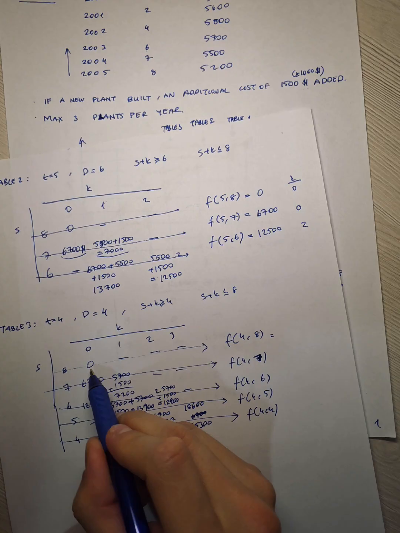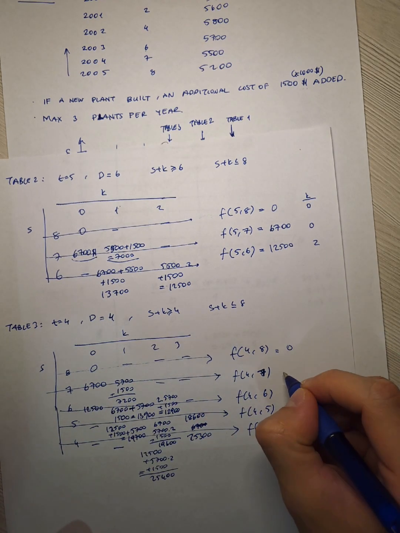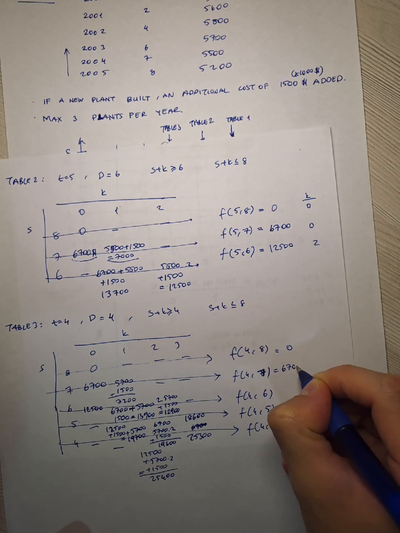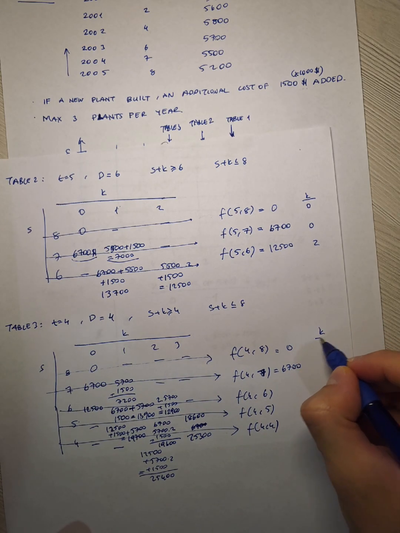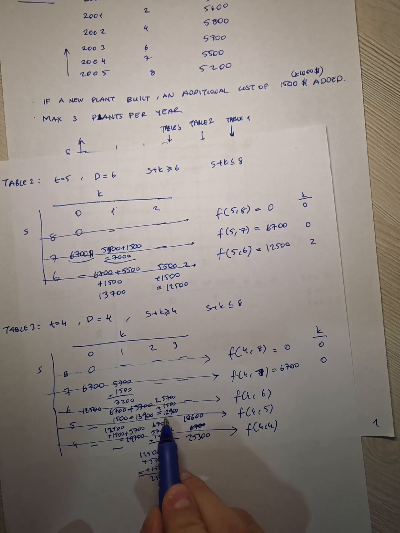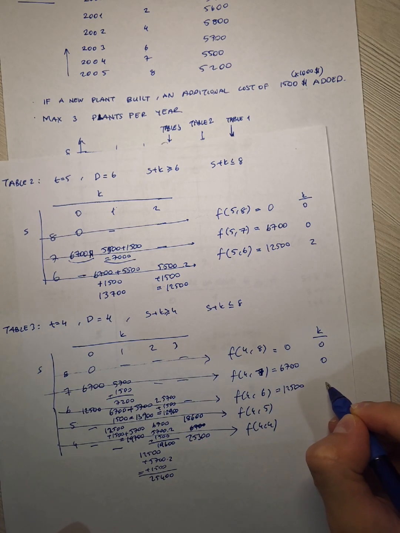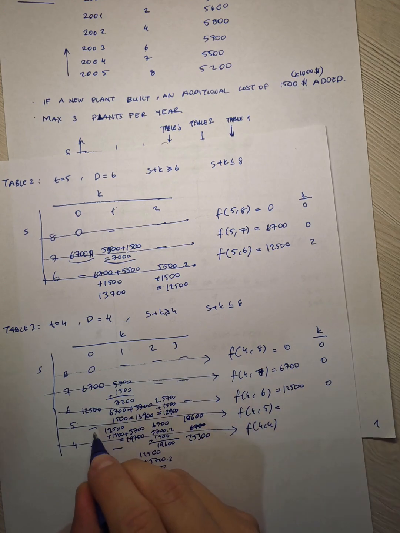Okay, so in this line the smallest number is 0, which is the only number. Then here it is again 6,700, and the decision is 0, and also here 0. Okay, let's continue here. The minimum number is 12,500, and the decision is again 0.